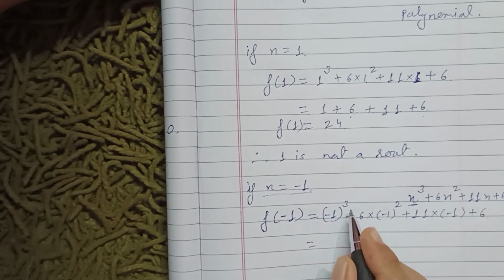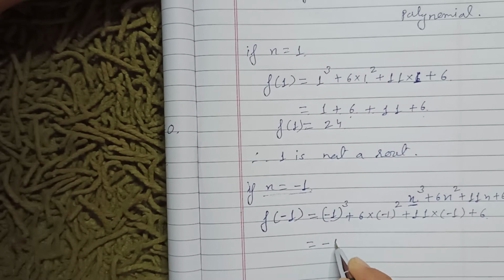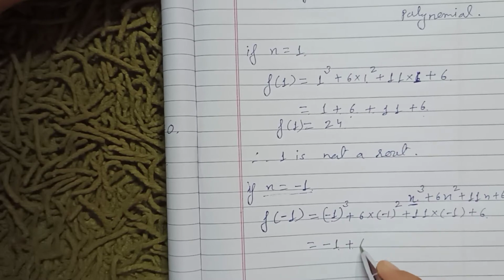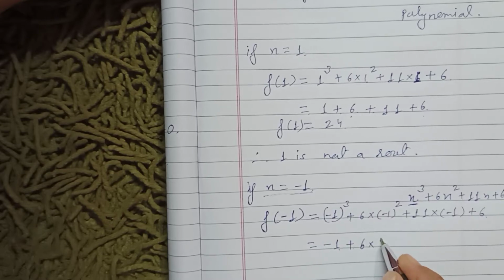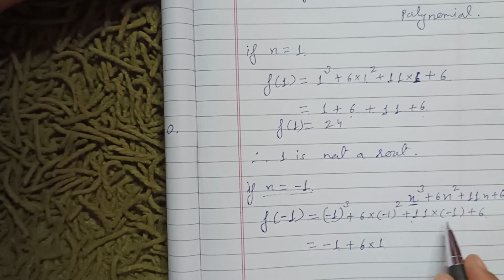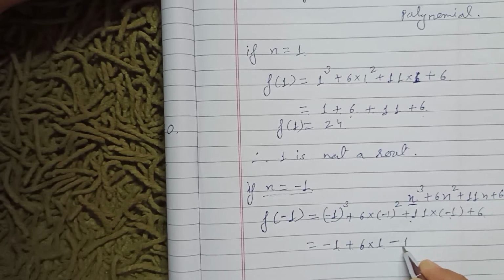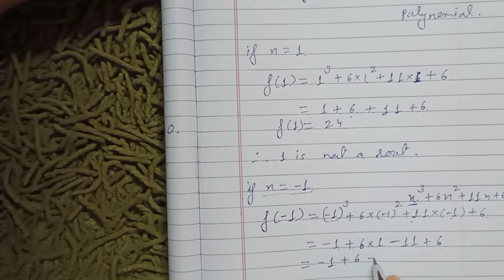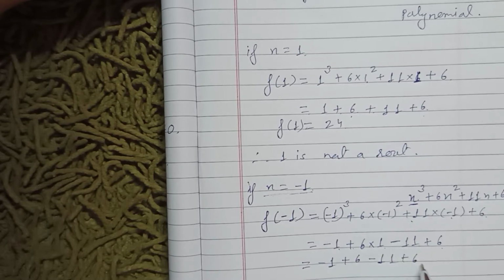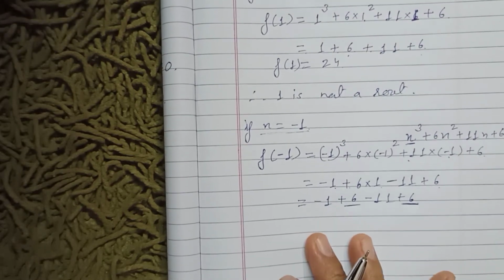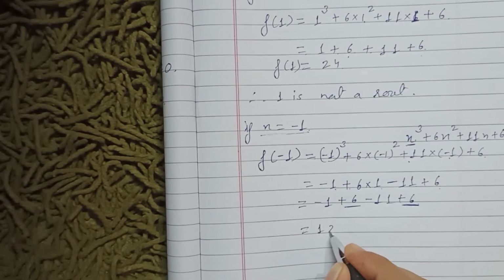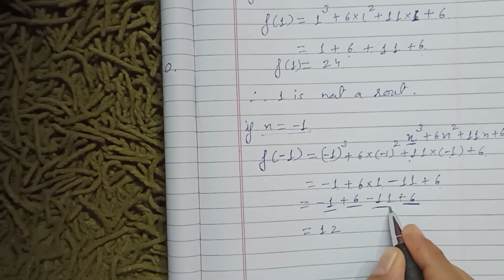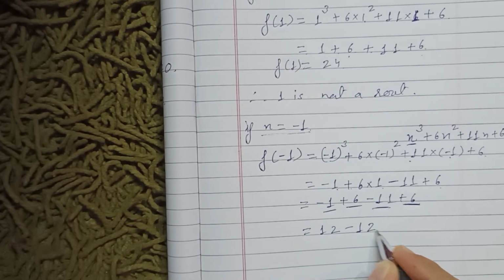Now calculate minus 1 cube, we will get minus 1, plus 6 into minus 1 square, that will be plus 6, 11 into minus 1, that will be minus 11, and plus 6. So it will be minus 1 plus 6 minus 11 plus 6. Now plus 6 and plus 6 will become 12 and minus 1 minus 11 will also become minus 12.